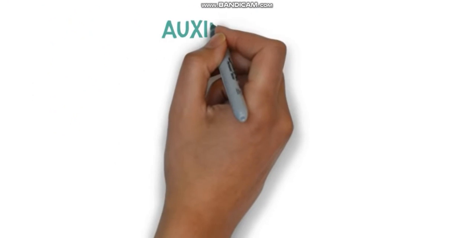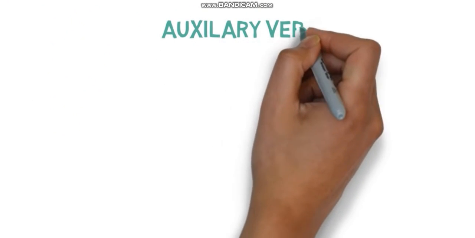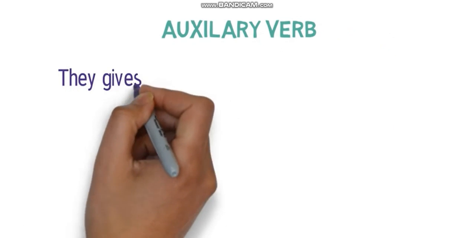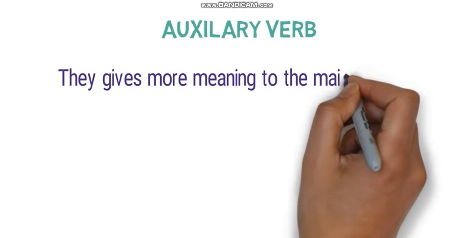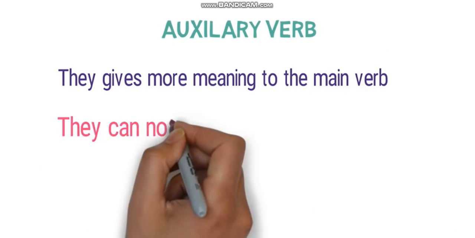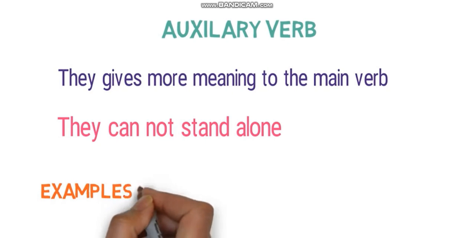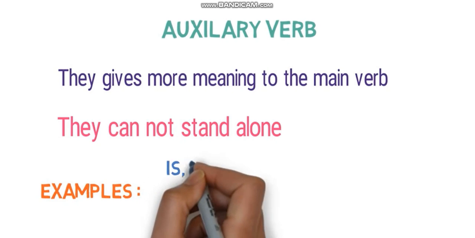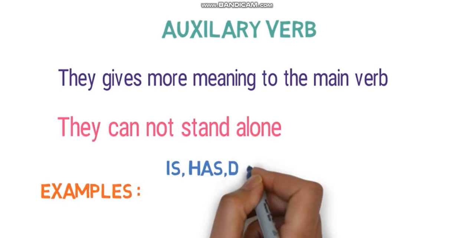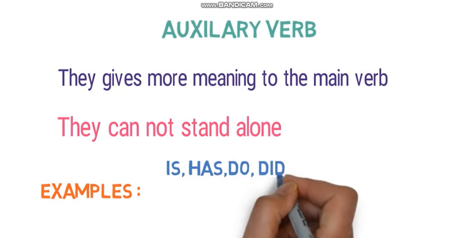Now, let's look into auxiliary verbs or helping verbs. They give more meaning to the main verb. They cannot stand alone, which means they require a main verb for their existence. Examples of them are is, has, do, did.